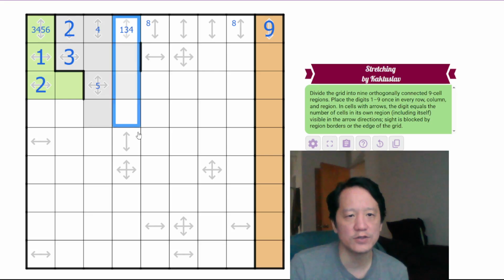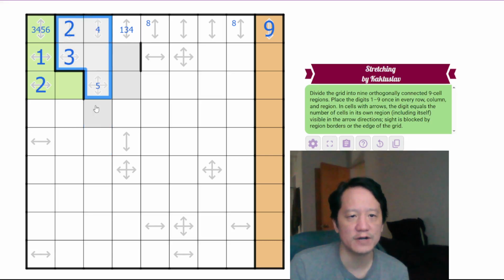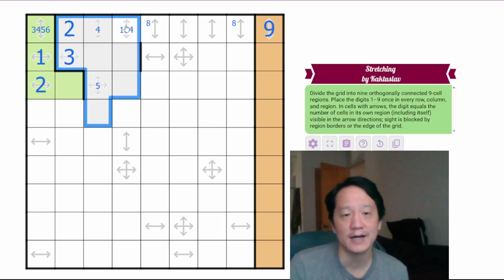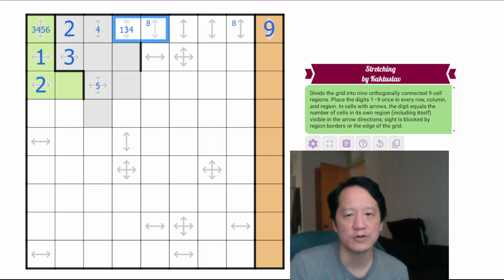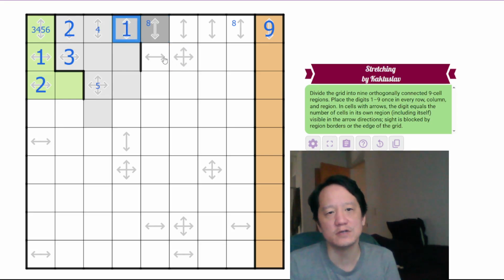Right? It can't see 3 or 4. If this is part of the region, it's 1, 2, 3, 4, 5, 6, 7, 8, 9 cells. So this would be done as a region. This would then only see 3 cells. So this cannot be part of that region. It must be part of a new region, which means this is a 1 here.